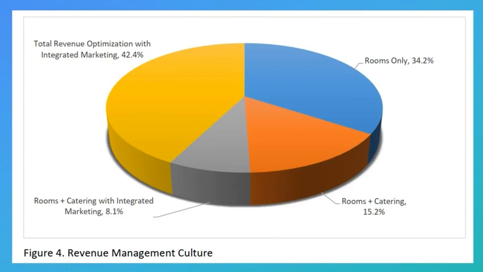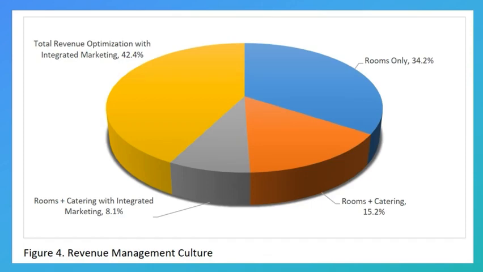This report is quite long, so I have it as a reading recommendation to you, but I would like to highlight some of the findings. Here, the question is on revenue management culture in general, right? And the options are rooms only, rooms plus catering with integrated marketing, and total revenue optimization with integrated marketing.